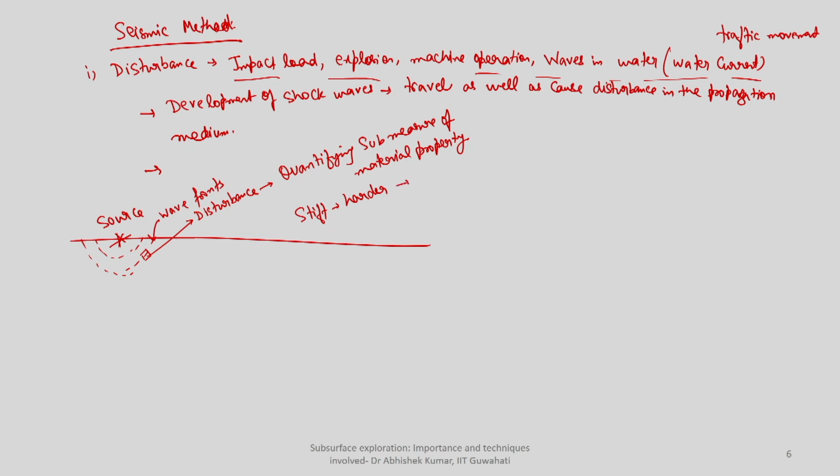If the wave is passing at very high velocity, you can call it stiff material, hard material. In the same way, if it is very slow velocity, you can call it soft material or softer material.